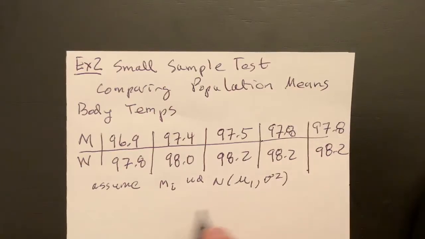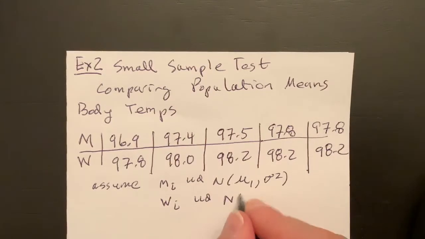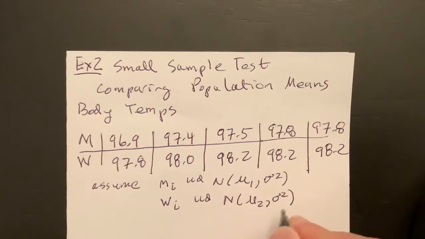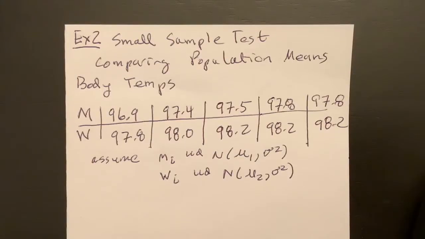I'm going to assume they have the same variance, so that is one assumption that simplifies the calculations and is probably reasonable, at least in this case. Mu2, sigma squared. Okay. And in this case also they happen to be the same n, but in general you could have more of one population than the other and still do this test, okay? So this makes it a small sample test.